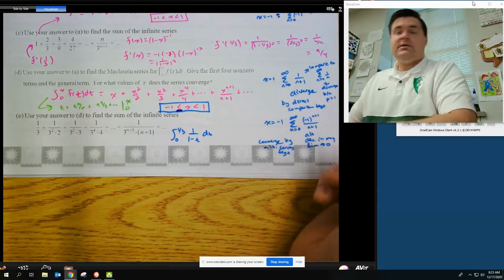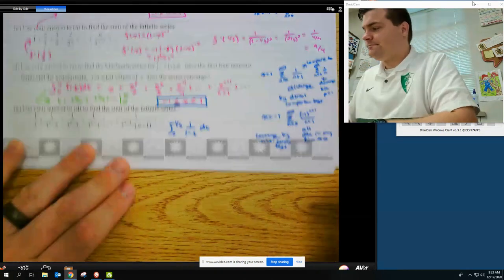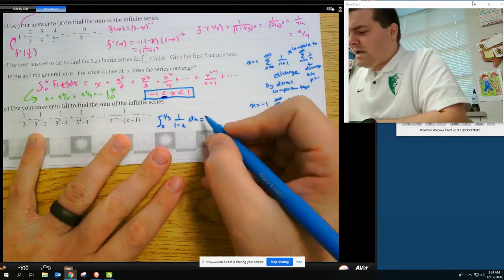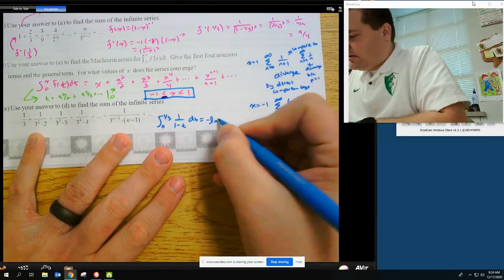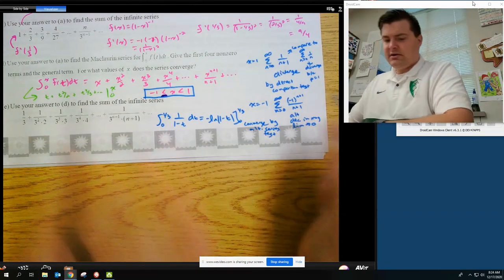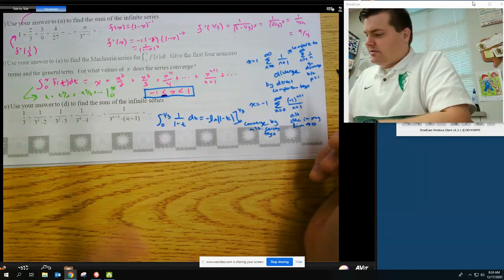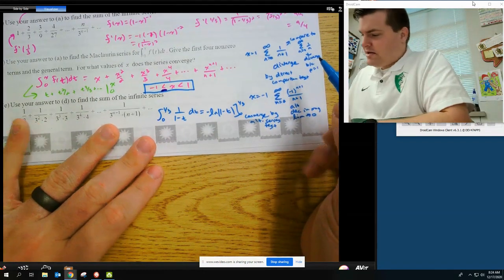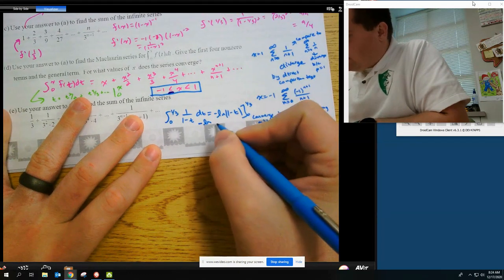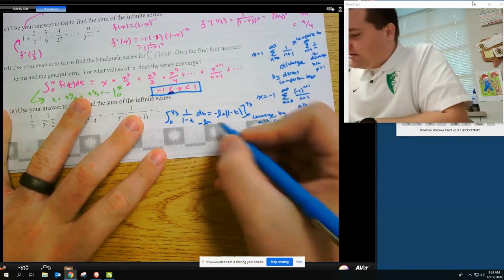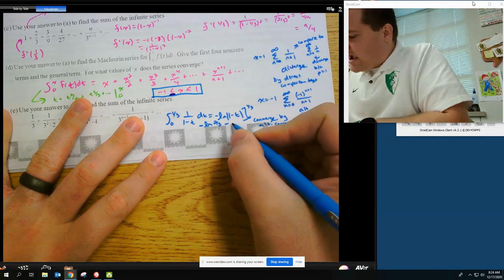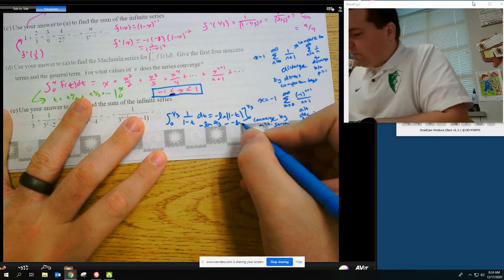So x is going to be 1/3 of this function. Okay? So this is going to be my sum. If I were to do just some baby u-substitution up here, I would get negative ln of 1 minus t. Evaluate that from 0 to 1/3. So this is going to give me negative ln of, plug in a 1/3, I'm going to get ln of 2/3, minus a negative ln of 1, which is just 0.